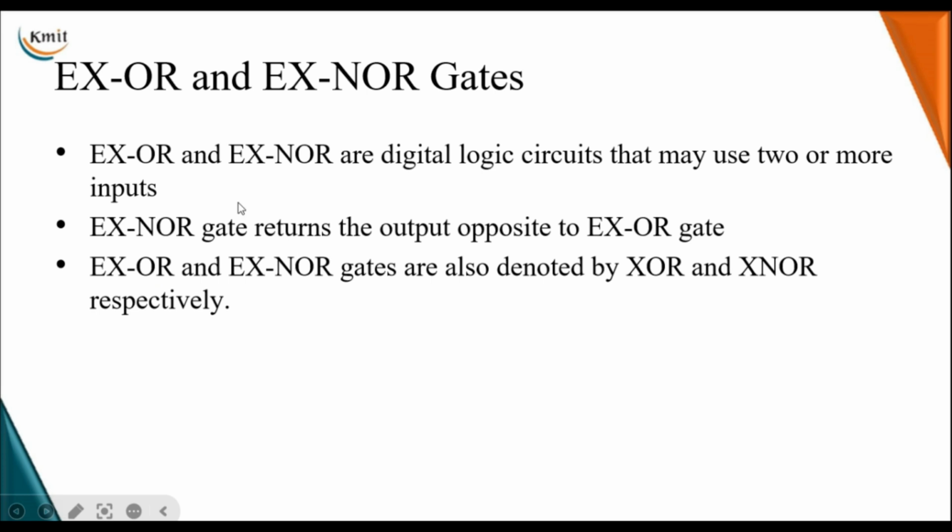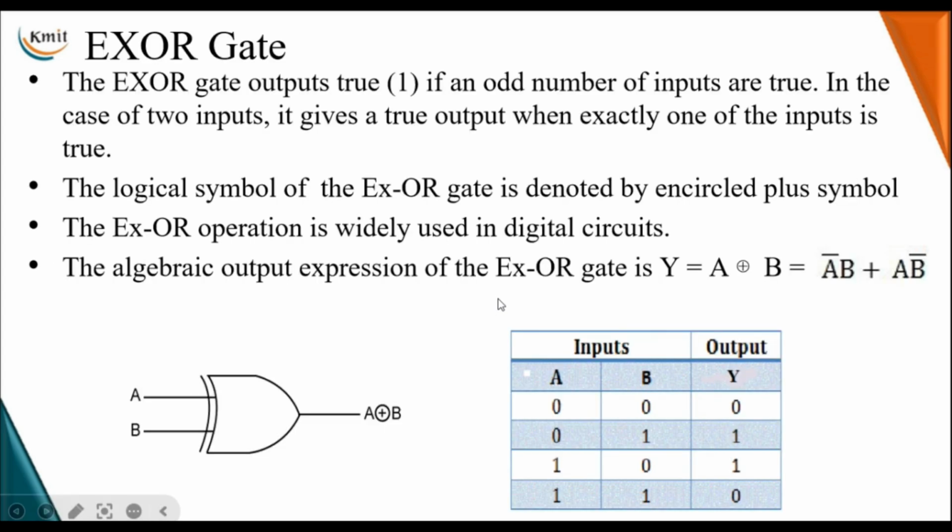These two outputs are complements of each other. The XNOR gate returns the output which is exactly the complement of your XOR. In the same manner, XOR is the complement of XNOR. We denote exclusive OR and exclusive NOR in short form as XOR and XNOR respectively.